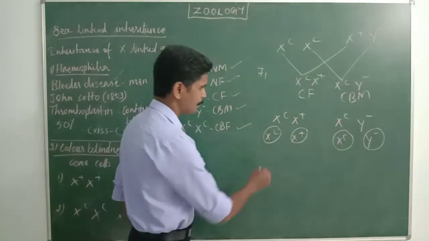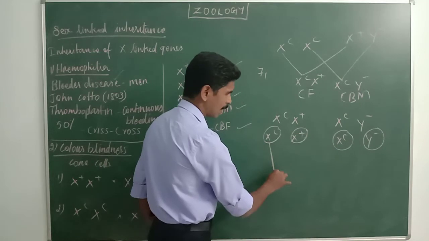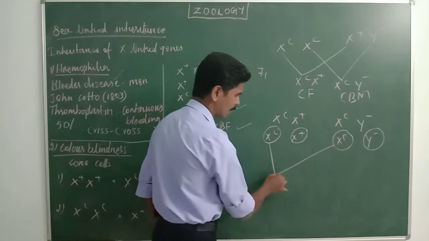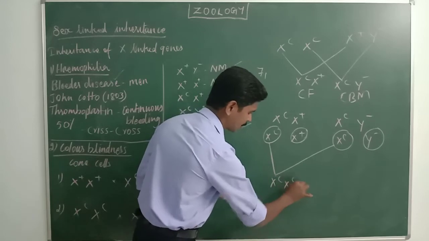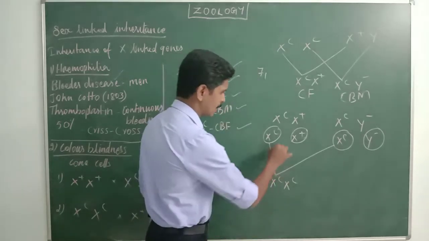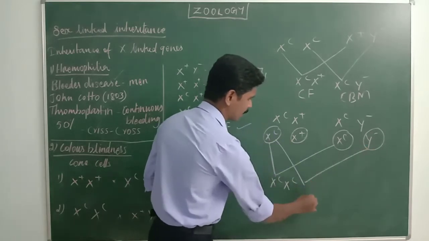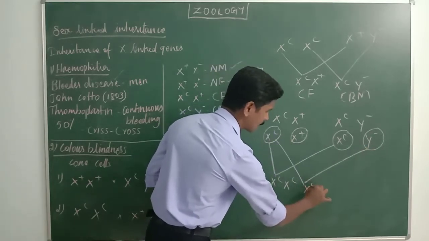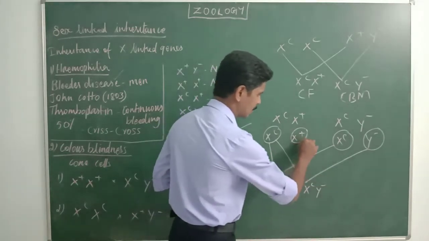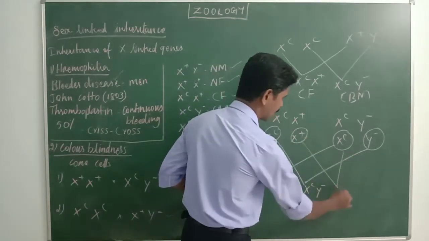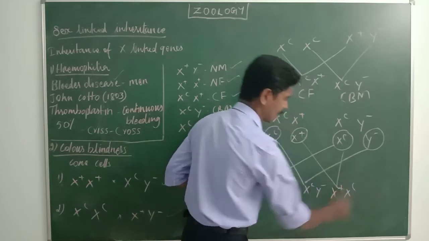So what happens? Suppose this first gamete is fused with this gamete, we will get XC, XC. Then suppose this gamete fused with this gamete, XC, Y minus. Then X plus XC.